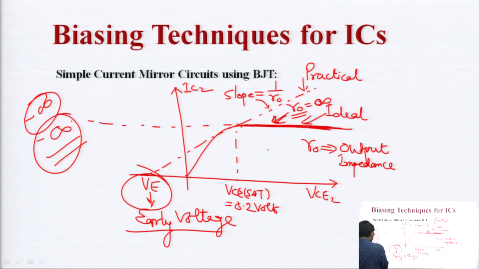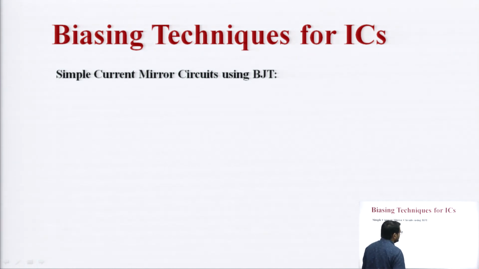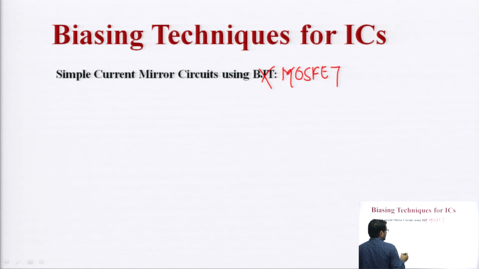We give a simple example of MOSFET here. We now consider the simple current mirror circuit with the MOSFET. It has an almost similar topology.